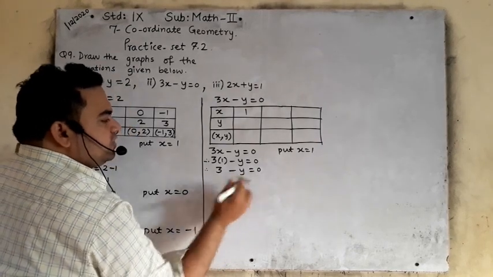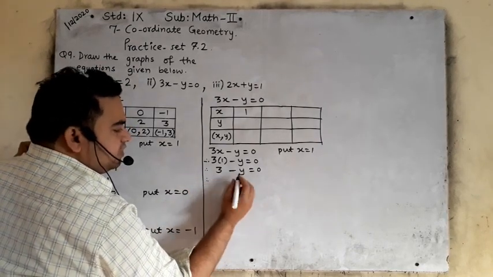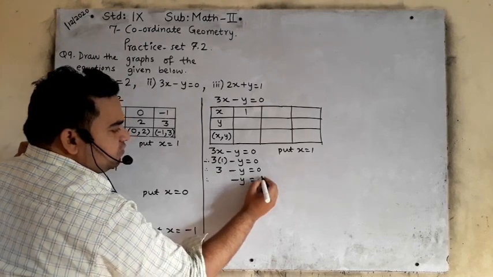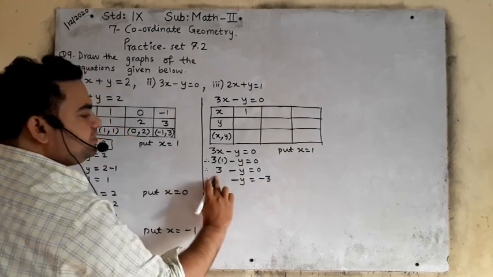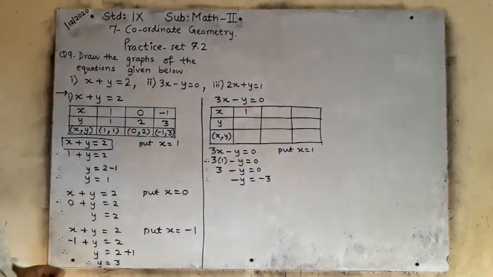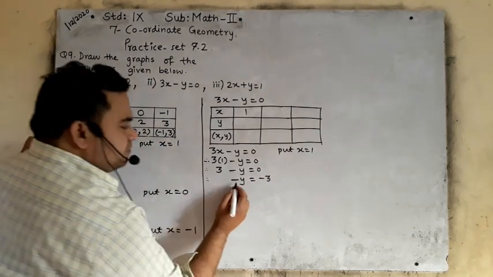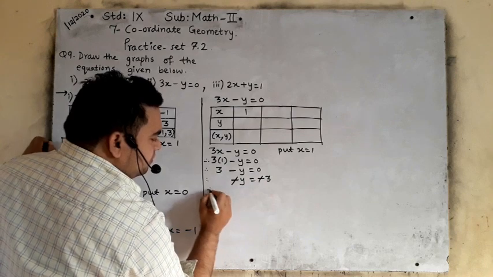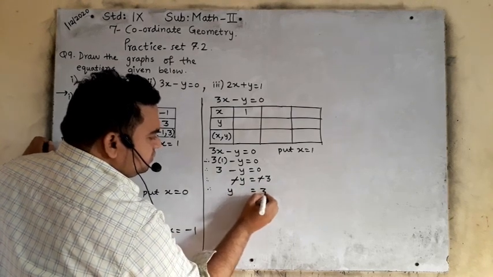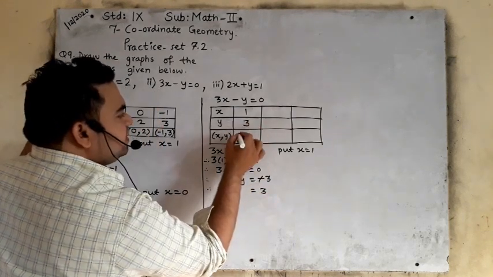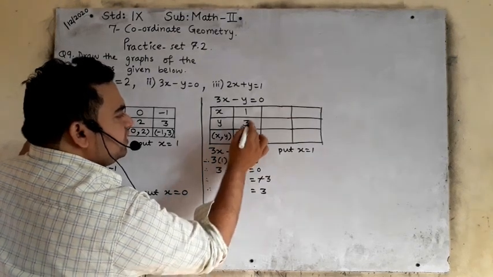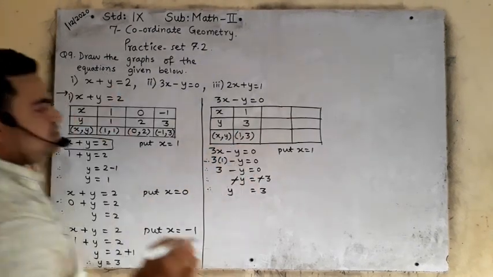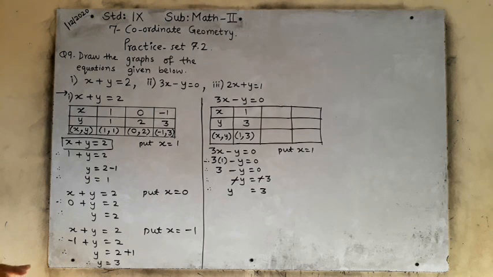Now this 3 will go that side, right? So it will be minus y is equals to minus 3. This plus 3 will go to the right hand side, it will be minus 3. So this minus and this minus will get cancelled. So therefore y is equals to 3. It means it will come here, 3. So x coordinate is 1 and y coordinate will be 3. I hope you understood how to solve.